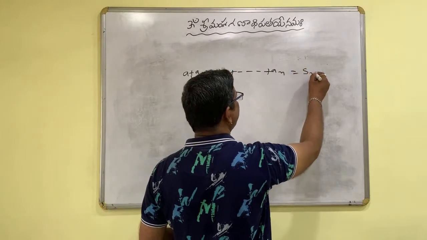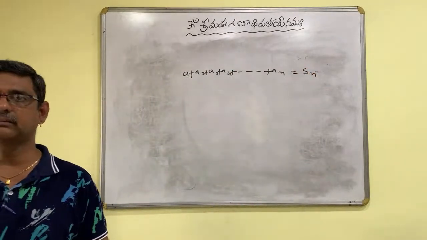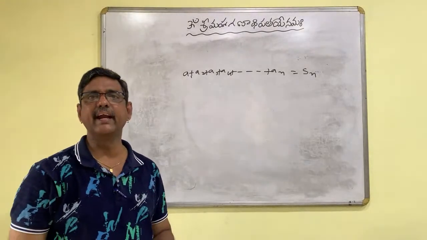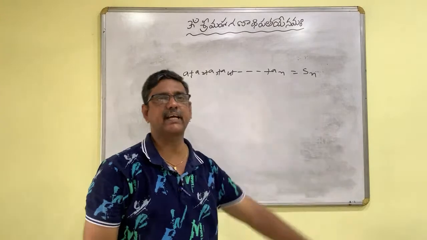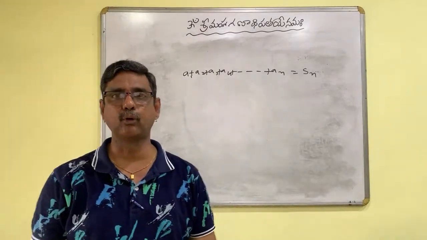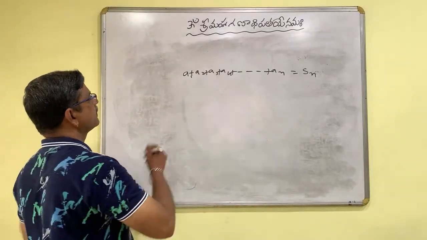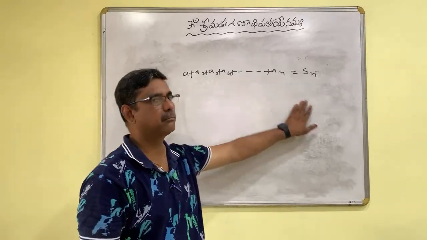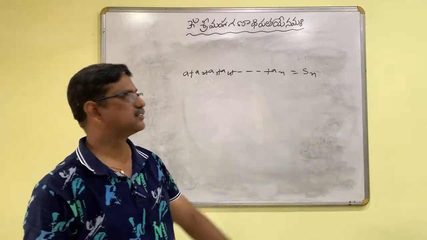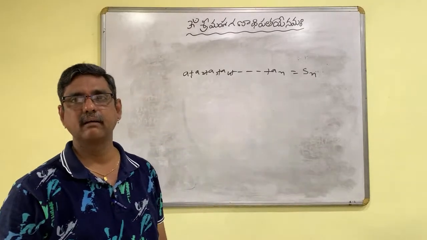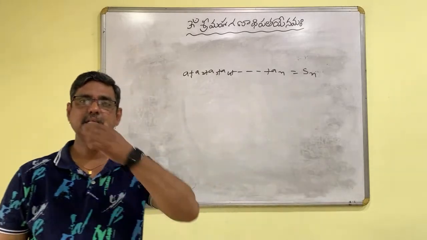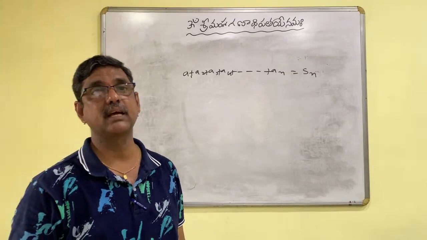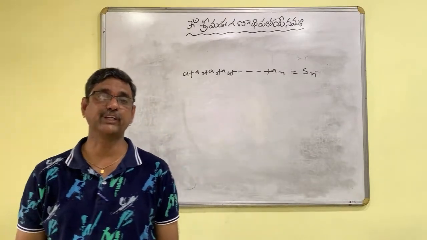The result is known as Sn, and we need to read it as sum to first n terms of an arithmetic progression. A1 plus A2 plus A3 plus so on plus An is known as Sn.